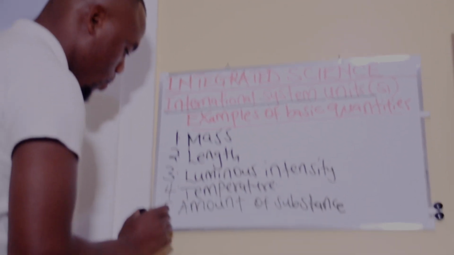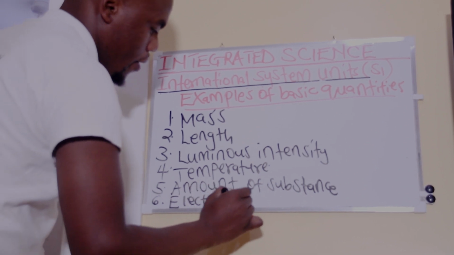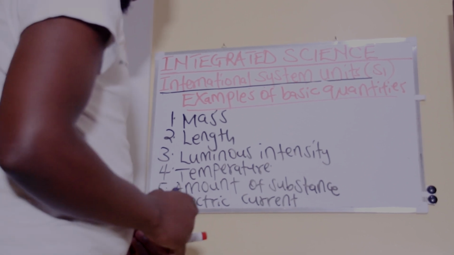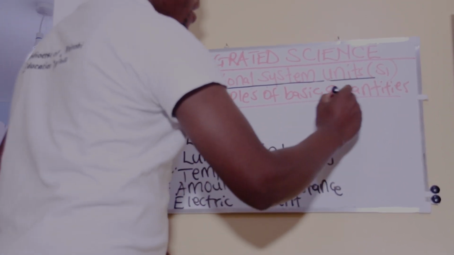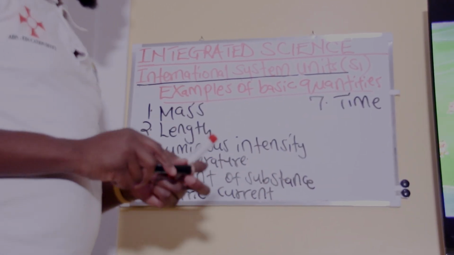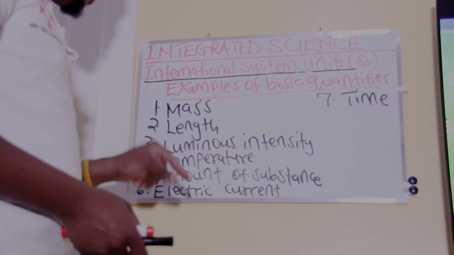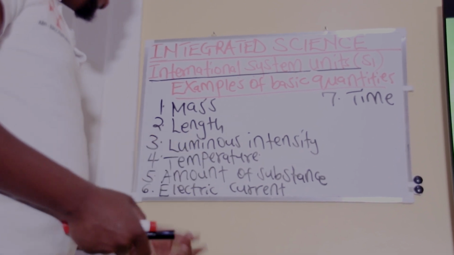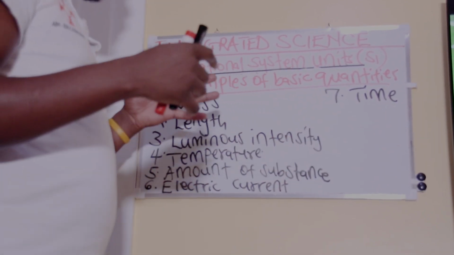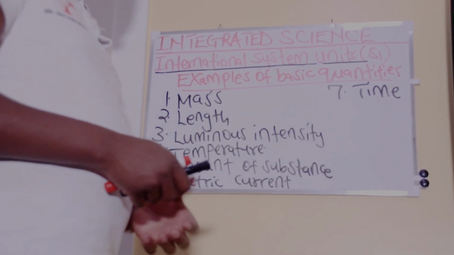The sixth one is electric current, and another type of quantity we have is time. Examples of basic quantities: we have mass, length, luminous intensity, temperature, amount of substance, electric current, and time. There are seven basic quantities, these ones that we have highlighted here.